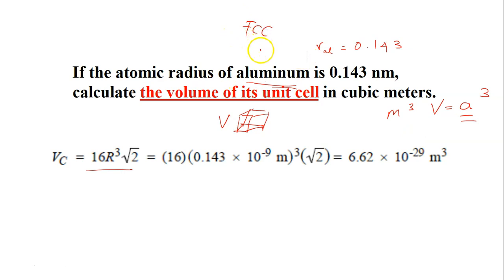For FCC crystal structure, this is the formula of the volume for the unit cell. You can refer back to my notes. So what you have to do is just substitute all the values. 16 here is from here, and R is the radius of the aluminium. And then by solving this, you will get the volume of the unit cell for the aluminium.